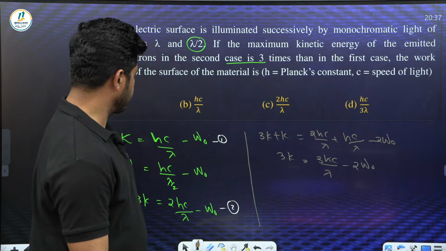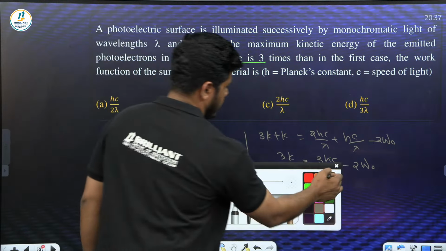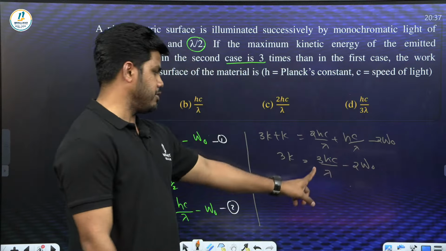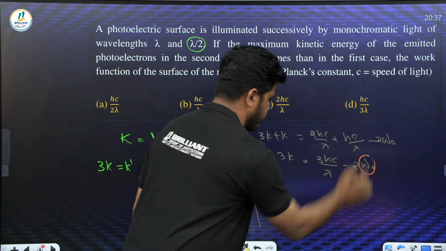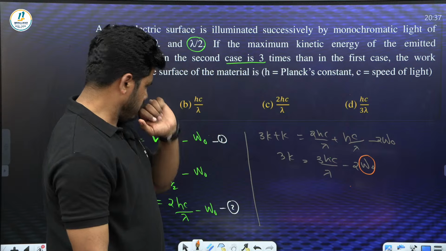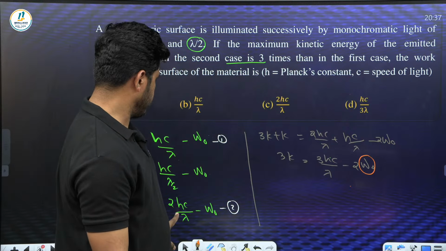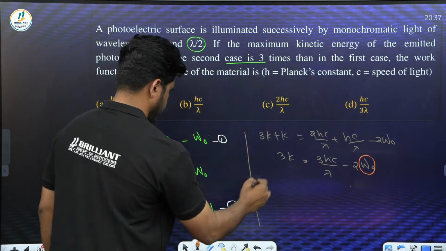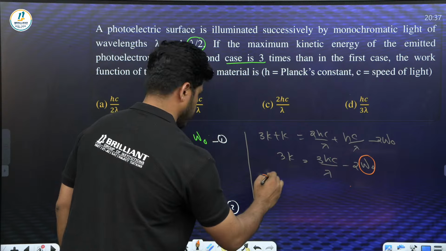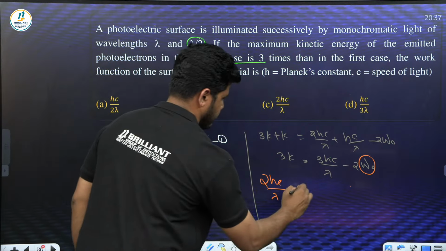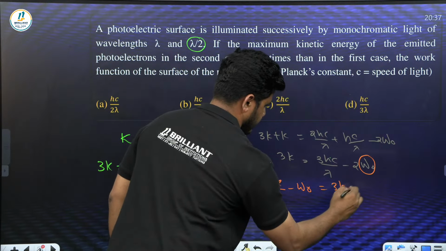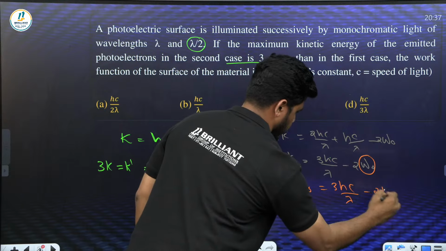Okay, so then what can we do? We have to find only the work function from this. So we write 3K is equal to 2hc by lambda minus work function, which is equal to 3hc by lambda minus 2 work function.